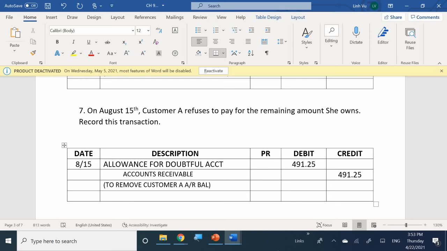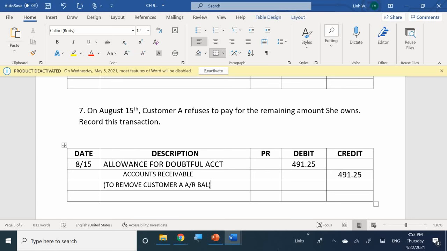When you remove it into the allowance for doubtful accounts, the one thing that we know is we never received the sales tax in the first place. So there's no point in taking it out, because the customer has potential or could possibly pay for this amount.